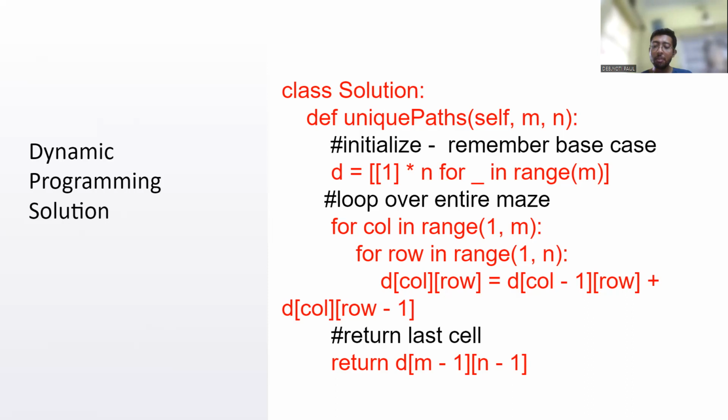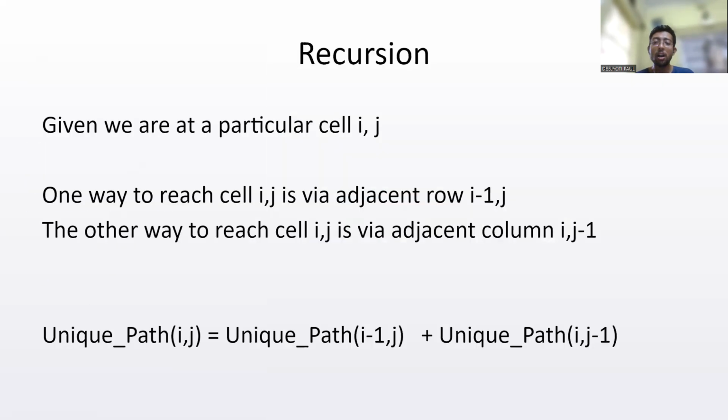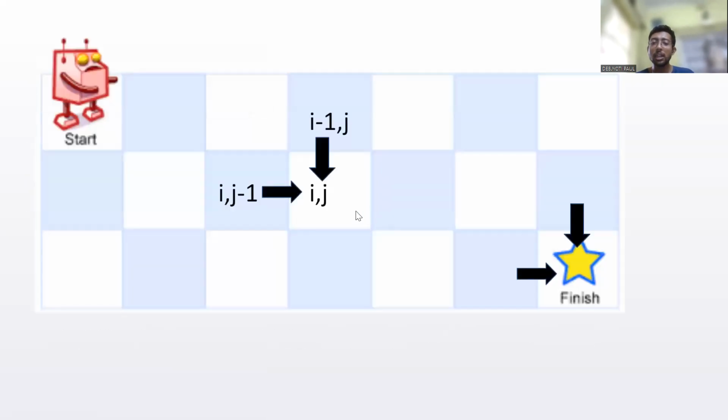At any cell I comma j, we compute it based on the value at I minus 1 comma j and I comma j minus 1. I minus 1 comma j is the cell in the row before, from which the robot has traversed down, and I comma j minus 1 is the cell one column before, from which the robot can traverse to the right. These are the only two possible ways to reach this cell, so the number of unique paths will be the sum of these two.